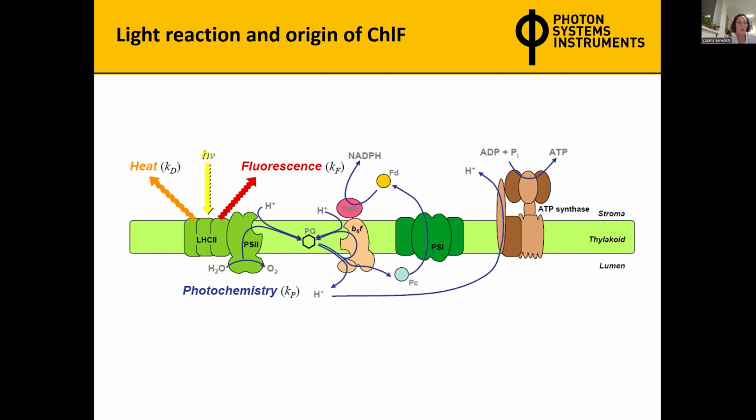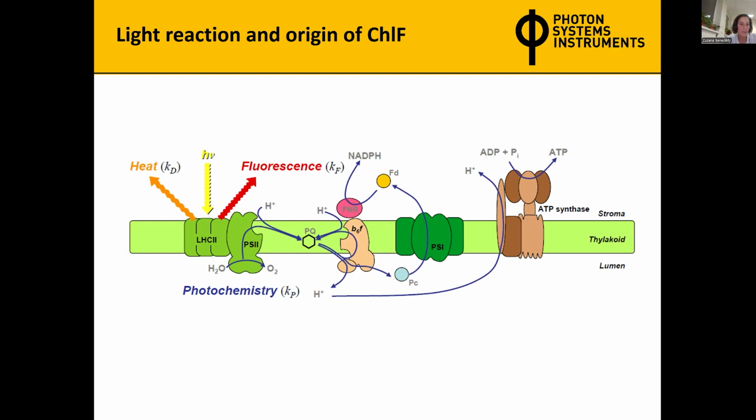You probably know from your studies that the photosynthetic apparatus contains a lot of pigment protein complexes. Very simply said, there are two core complexes. One is called PS2, on the left side, the lighter green, and one is called PS1.